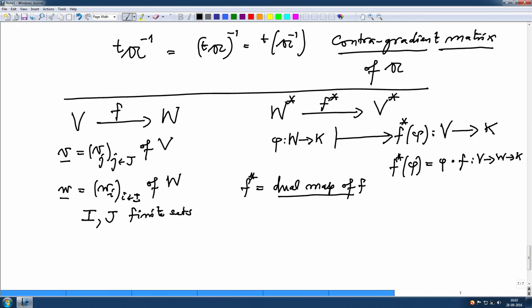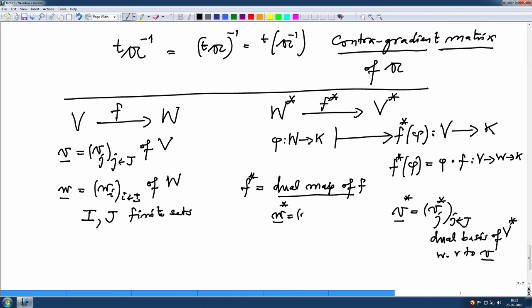And then this basis will give a dual basis. So V will give a dual basis V star, which is Vj star, j in J. This is a dual basis of V star with respect to the basis V, and similarly I will get a W star.